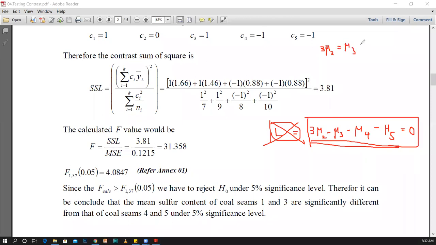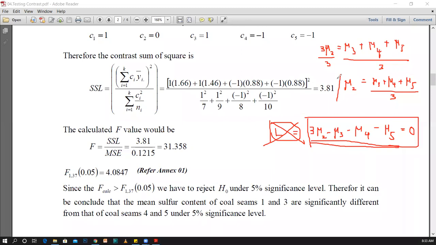Therefore, I can take this as mu 3 plus mu 4 plus mu 5. And then I can isolate mu 2 by dividing both sides by 3. Therefore, mu 2 equals mu 3 plus mu 4 plus mu 5, divided by 3.